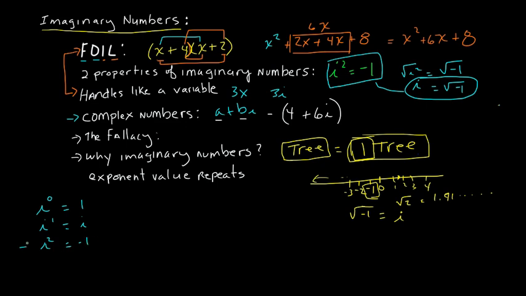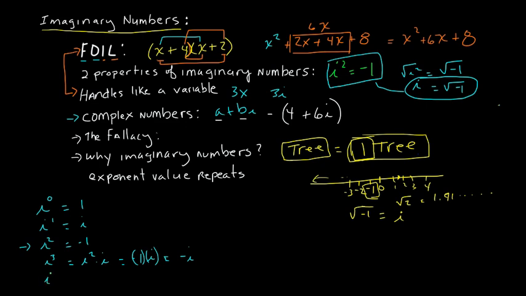So that's the first idea that might be a little bit different. i to the third simply is i squared times i. And i squared was -1, so that equals -1 times i, which would then equal -i.